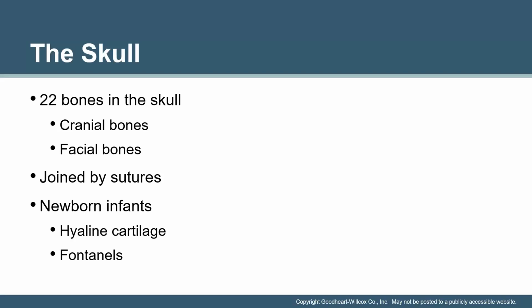Most bones within the skull are joined by interlocking immovable joints that we call sutures. Now, let me clarify. They're classified as immovable, and that's partially accurate, okay?